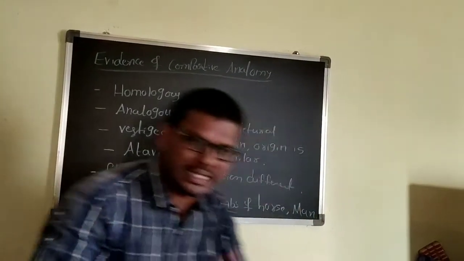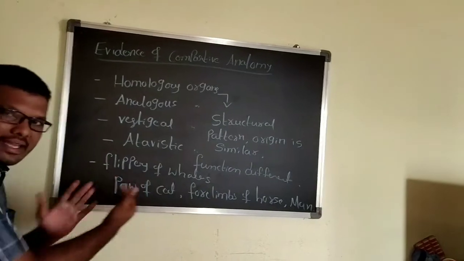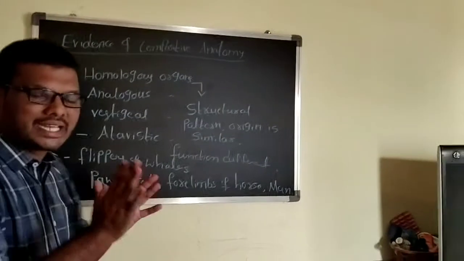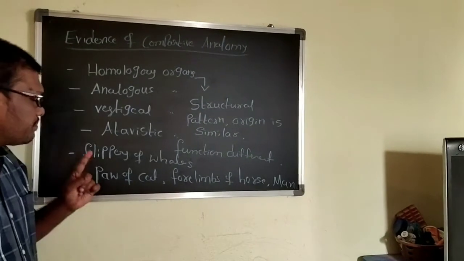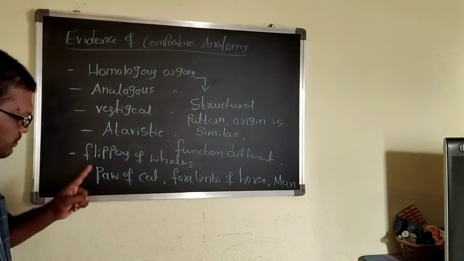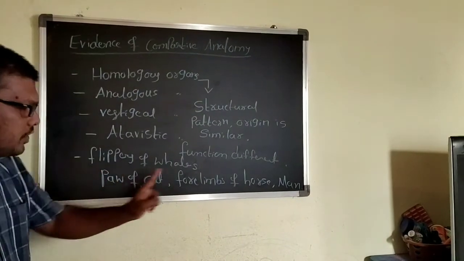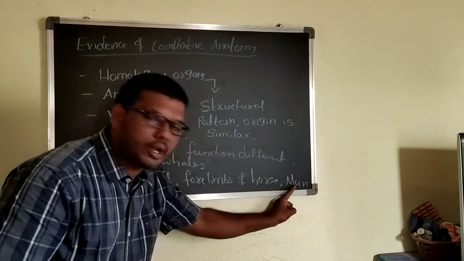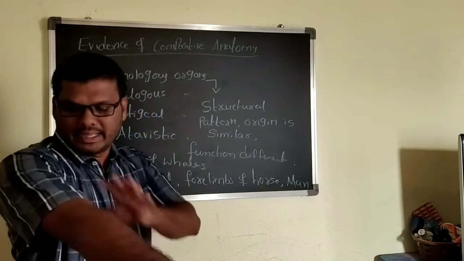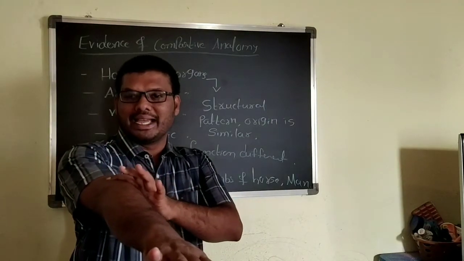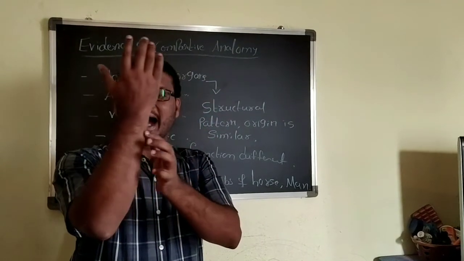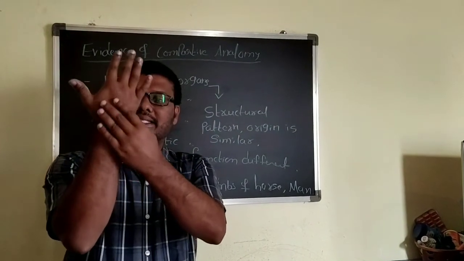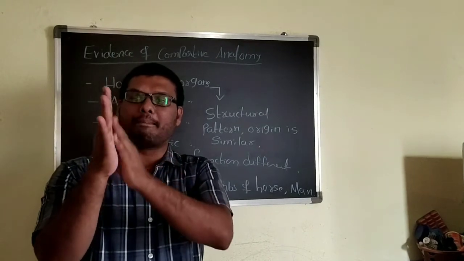Structurally similar means, see, all these are different organisms, but the structural pattern is similar. If you observe the flippers, the paw of cat, the forelimbs of horse, or the hand of man, they have a humerus, radius, ulna, carpals, metacarpals, and phalanges.